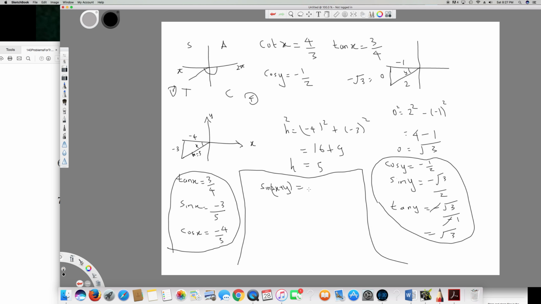Let's see what we can do here. Sin 2x cos y plus cos 2x sin y. Easy, right? Actually, then what we are going to do is expand sin 2x and cos 2x, because we don't like that form.